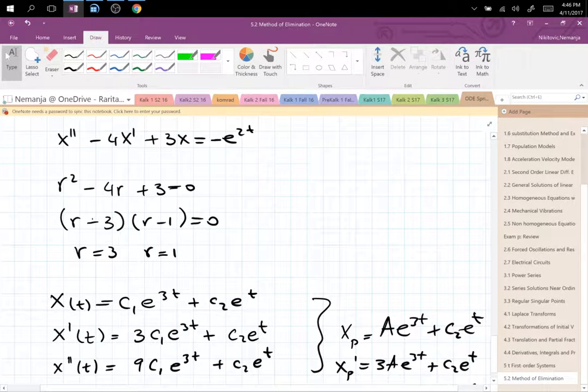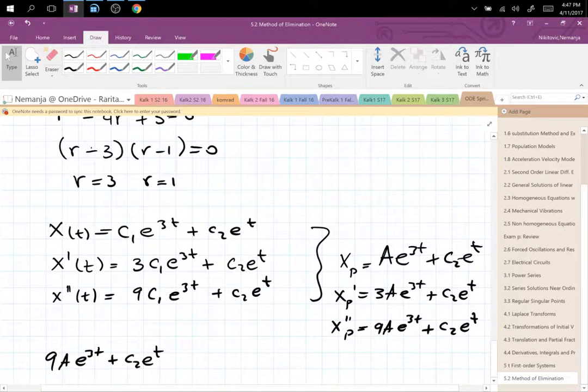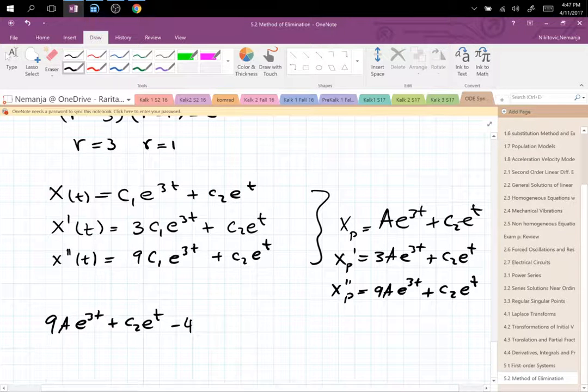Up there. So x double prime 9a e to the 3t plus c2 e to the t, minus 4 times the x prime. This is going to be minus 12a e to the 3t. That was minus 4, right? Minus 4c2 e to the t.